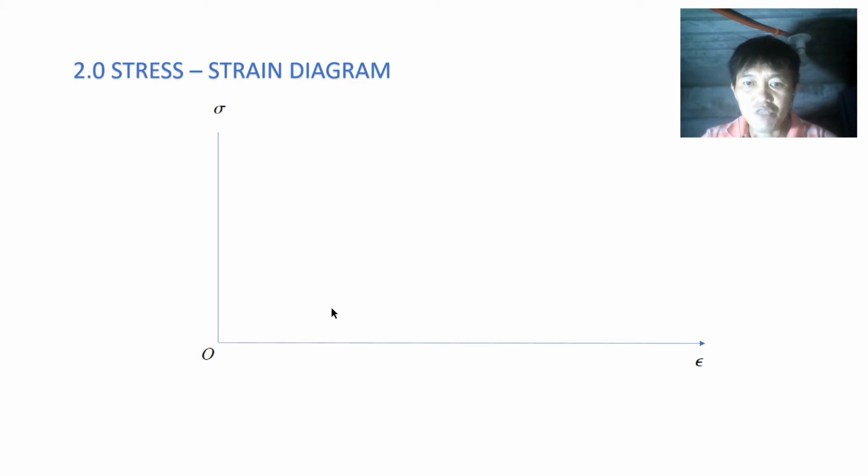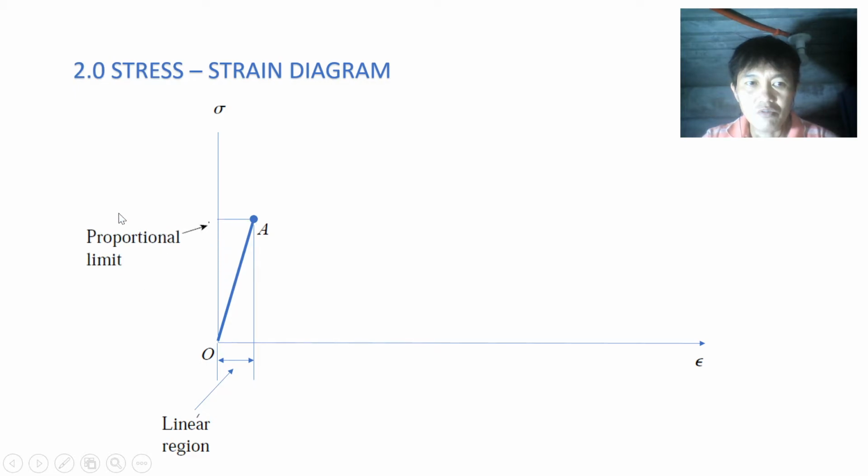The diagram begins with a straight line from the origin O to point A, which means that the relationship between stress and strain in this initial region is not only linear but proportional. This is the linear region. It is also proportional.